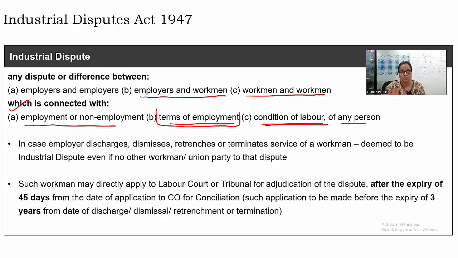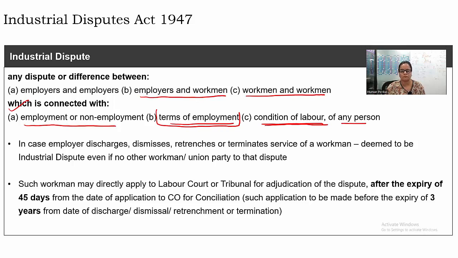The total working environment must be safe and secure for the labor. So this part refers to the connection of any industrial dispute with respect to the well-being of any person, right? Okay, so this definition part of industrial dispute is over.